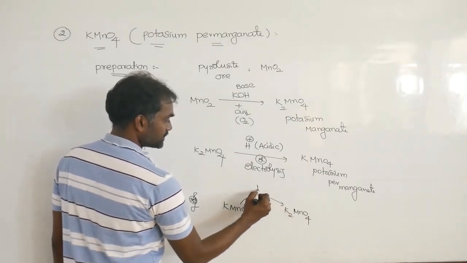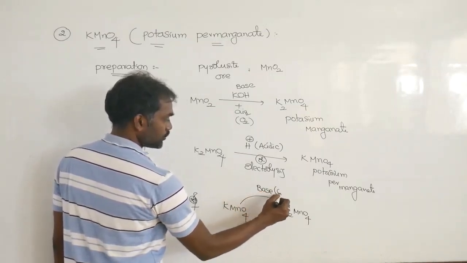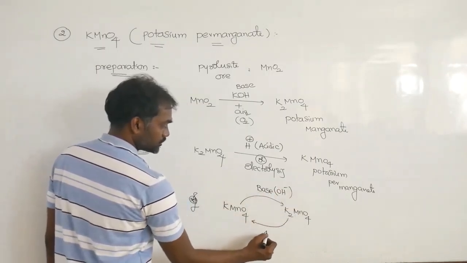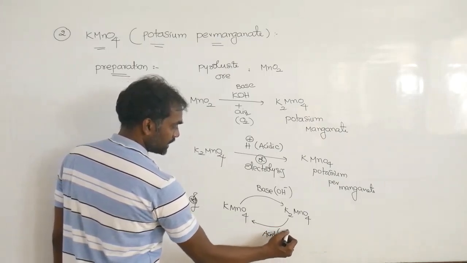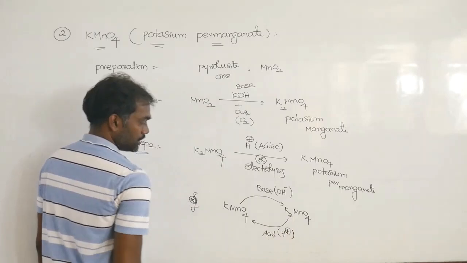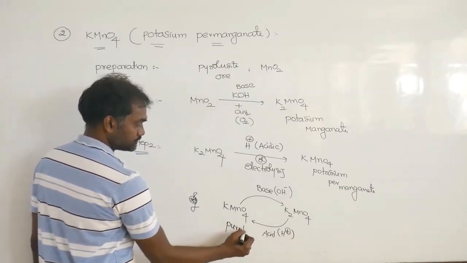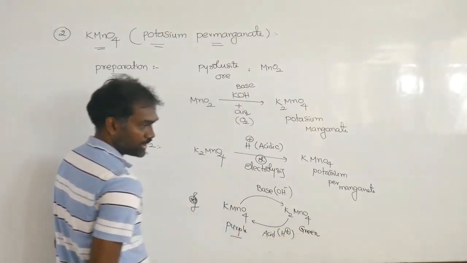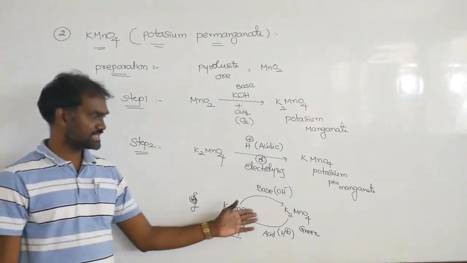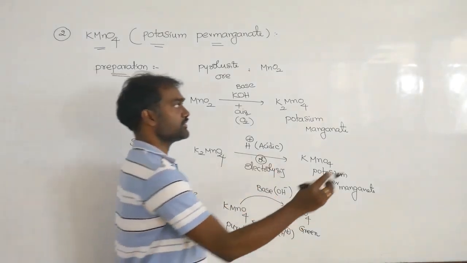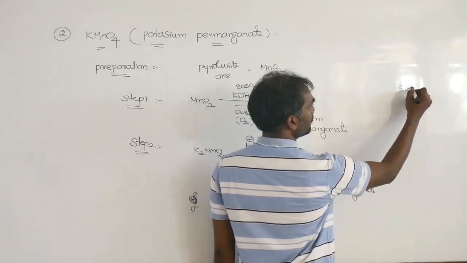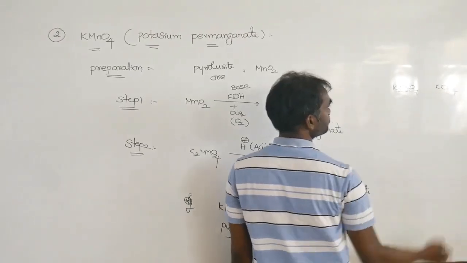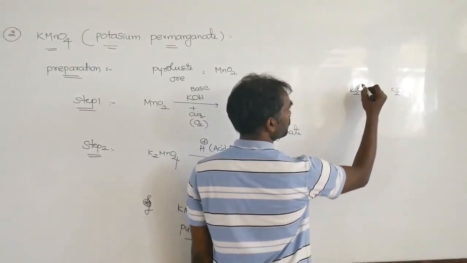So you treat with base, means OH minus, you will get K2MnO4. Here to here, you take with acid, means H plus. So this is purple color, this is green color. Whatever we discussed in K2Cr2O7, same manner also. In K2Cr2O7, what are the important compounds? K2Cr2O7, K2CrO4, this is what?